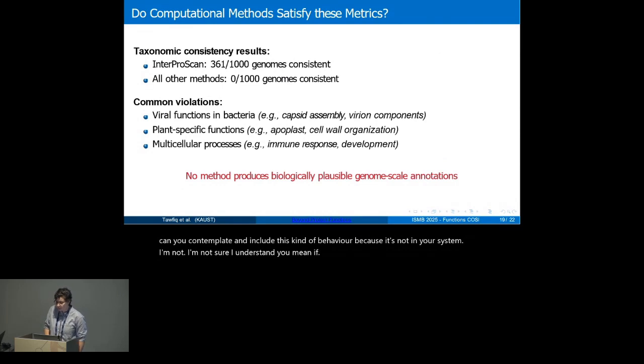Yes, and they may appear to be mutually exclusive. So actually, all the proteins that we have, or most of them, have more than one function. We look at the set of functions that are annotated to that protein. But in terms of process coherency, we're looking at the genome scale rather than just the protein itself.